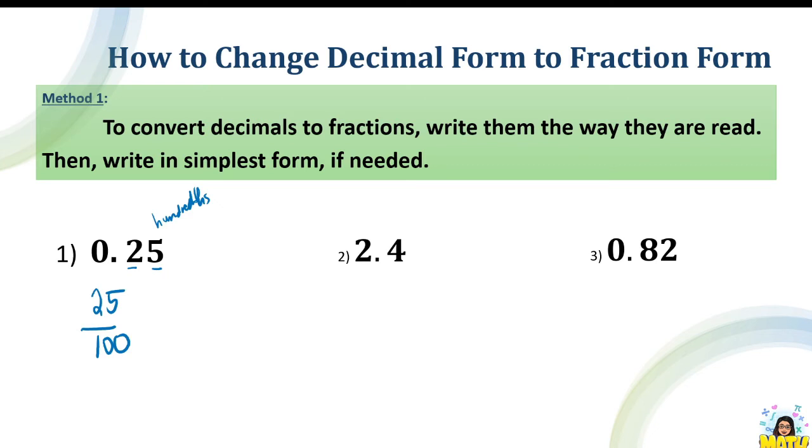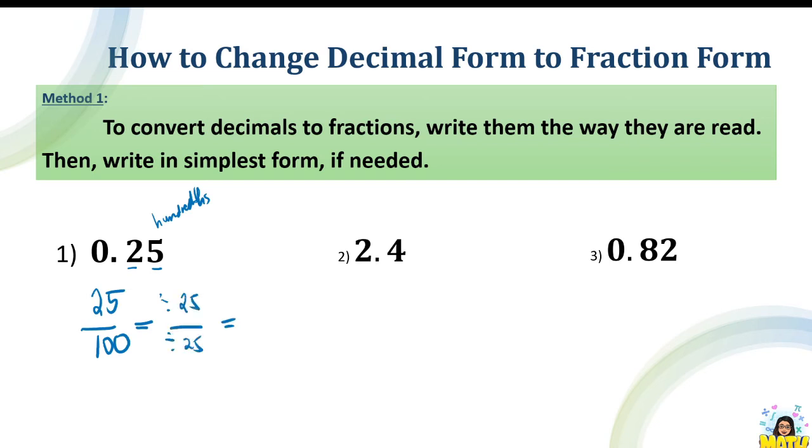But remember, we can write it in simplest form. So, to write it in simplest form, divide the numerator and denominator by its GCF, or the greatest common factor. That is the greatest number that can divide 25 and 100. So, ano nga bang makaka-divide dyan? So, we can have divided by 25.